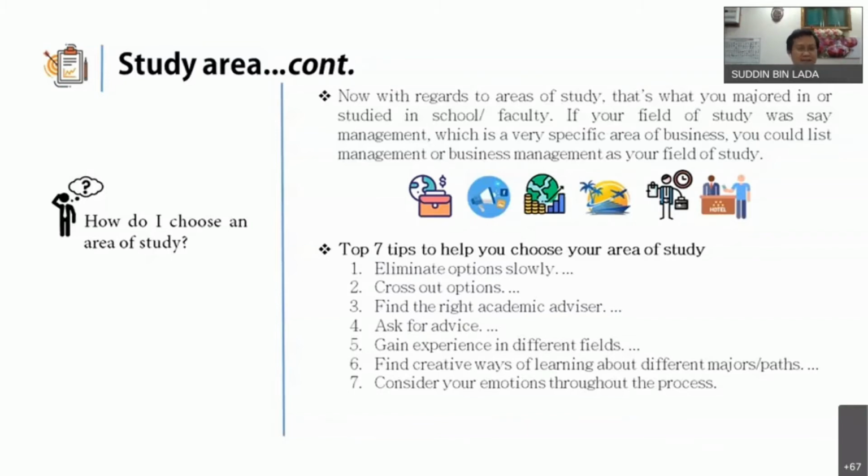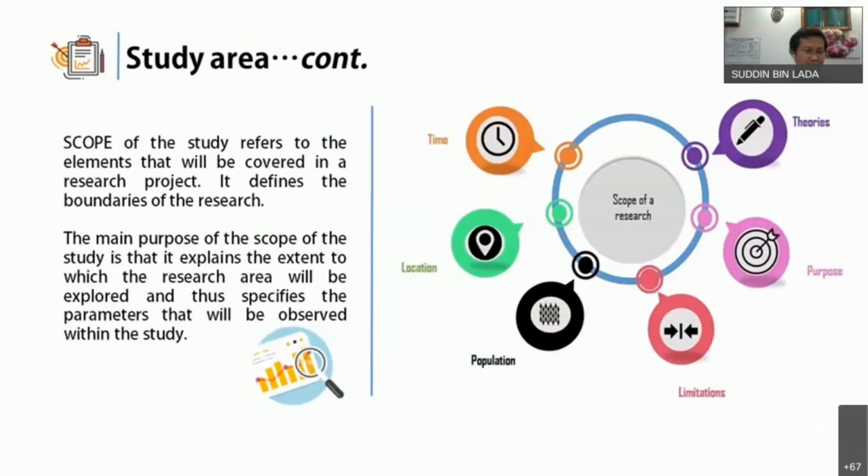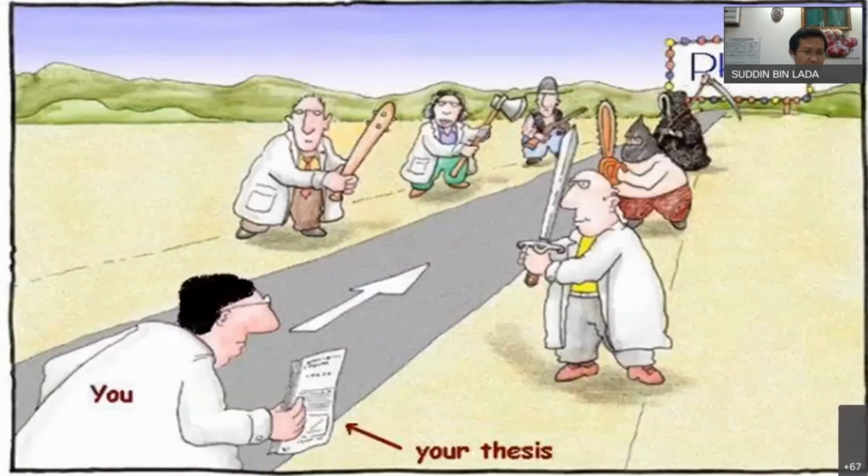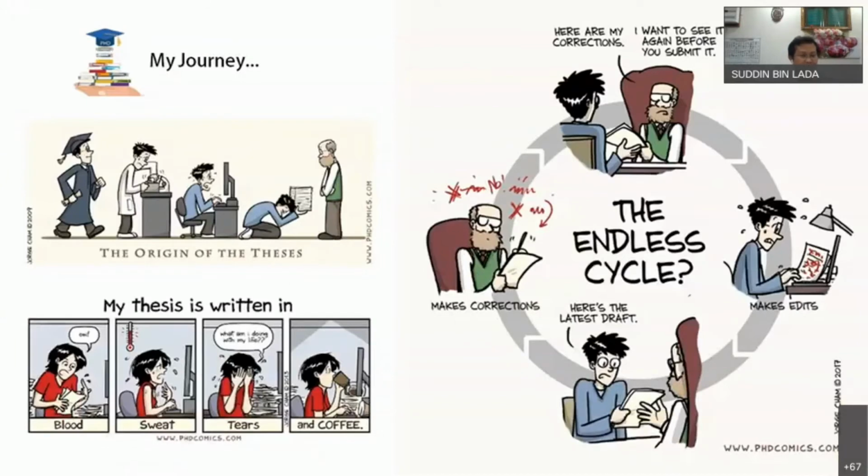Number 7, consider your emotion throughout the process. When you look at the earlier slide, can I go back? Look at my thesis: it was written in blood, sweat, tears, and coffee. This is the real emotion. In my experience it was very, very challenging.